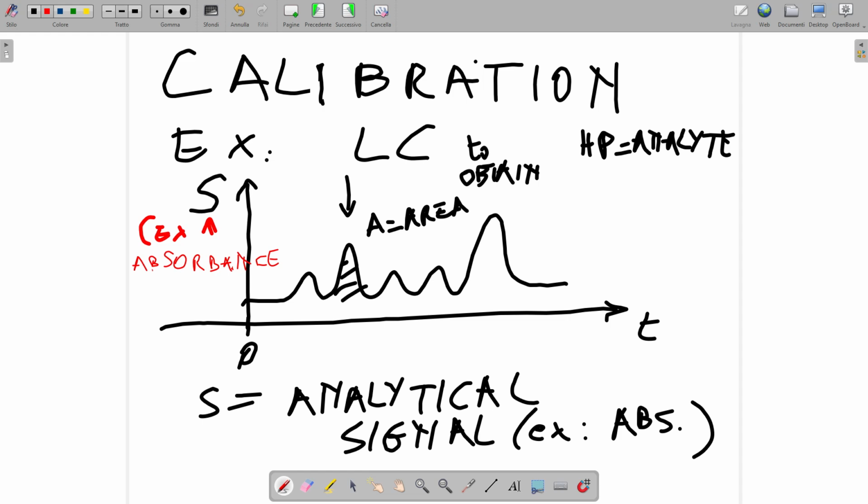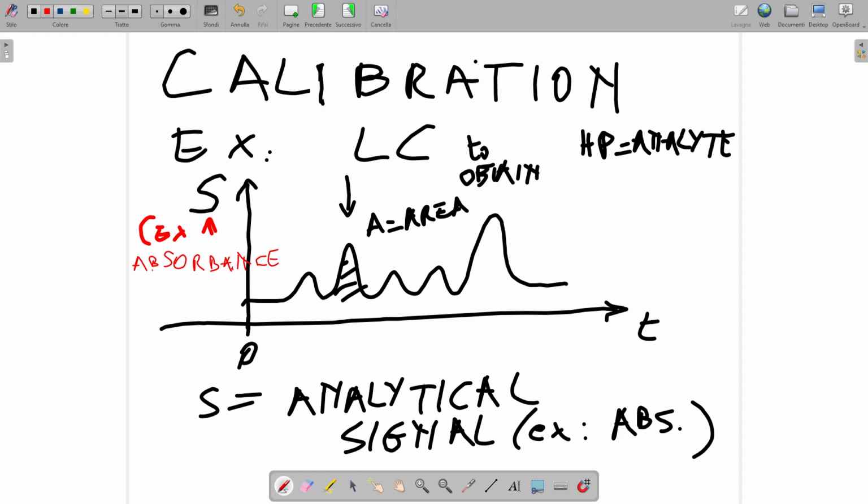So I repeat, in the case that the ordinate of a chromatogram is an absorbance, the maximum height of a peak should be below unity. So the area should be such that the height is not higher than unity. This is an example.